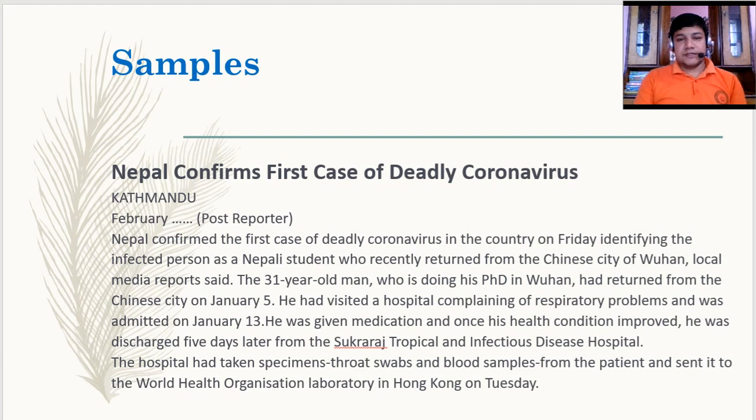So the title of this article is Nepal confirms first case of deadly coronavirus. See the title. The news writer has used the present tense here, though the incident happened in the past. So this is the practice.